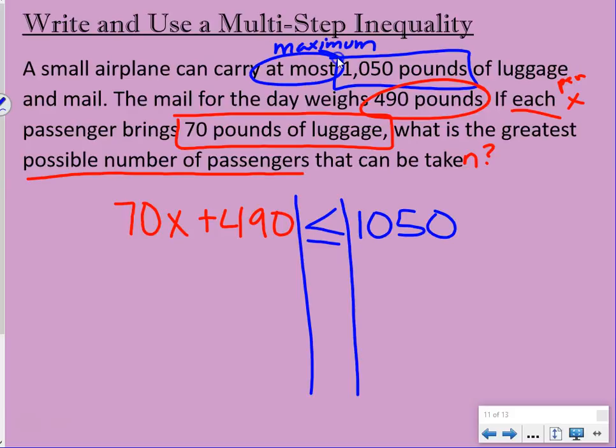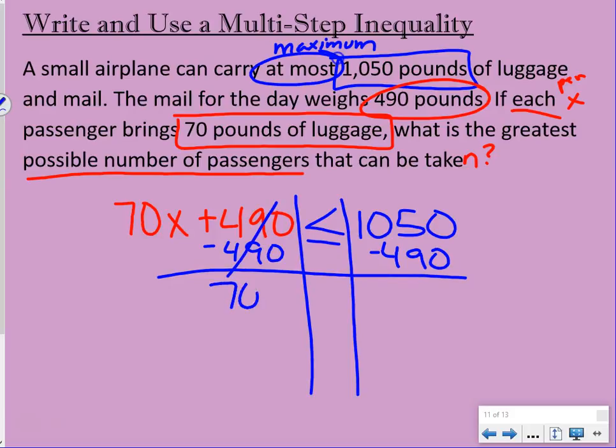Solve the inequality. Undo addition with subtraction. We have 70x is less than or equal to 560. Then we want to divide both sides by 70 to get x all by itself.